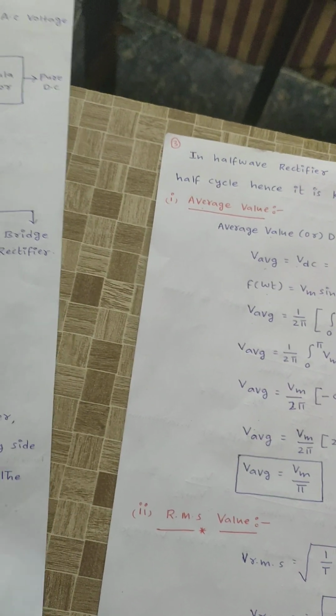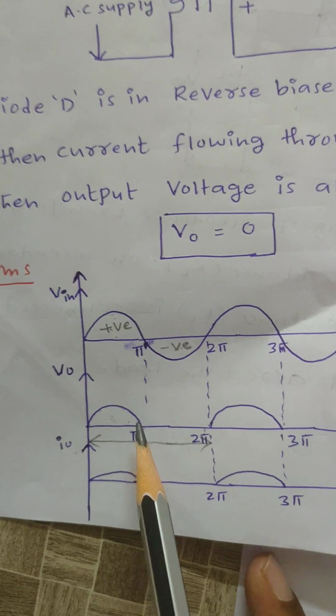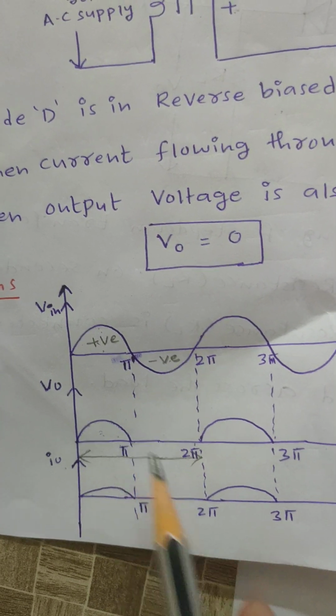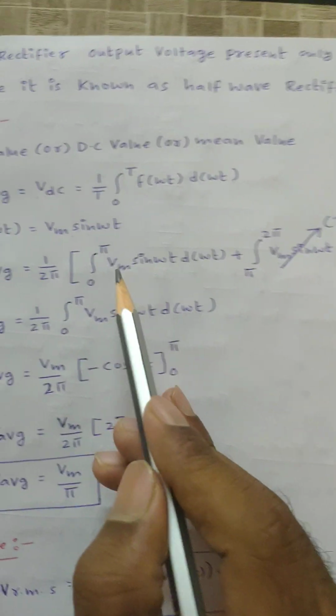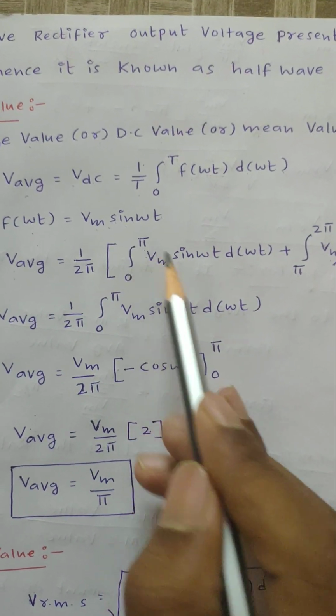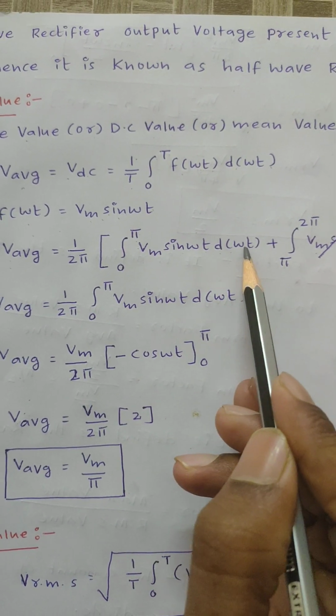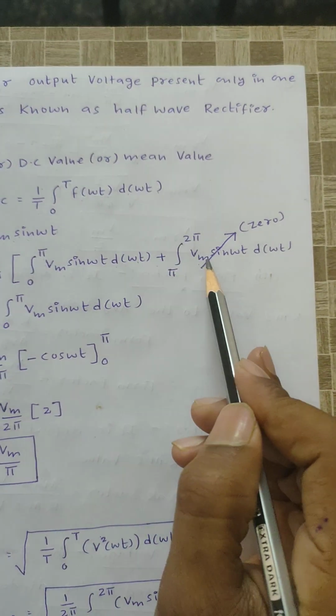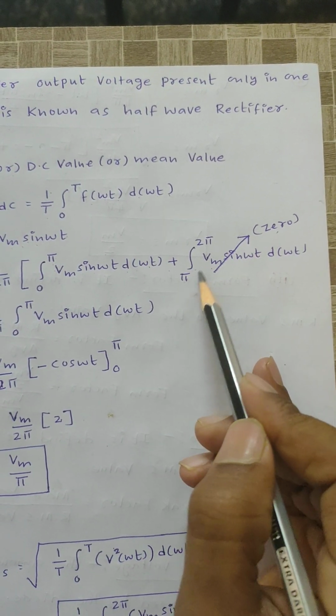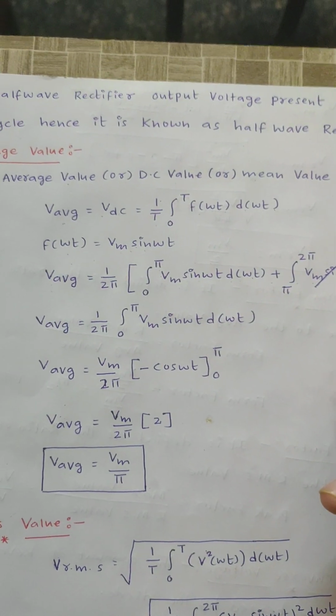But here the output voltage and the output current are present only from 0 to pi. From pi to 2 pi it will be 0, right? That can be written here by splitting the integral: 0 to pi Vm sin omega t into d omega t. From pi to 2 pi the voltage value will be 0, that is pi to 2 pi 0 into d omega t, you will get 0.